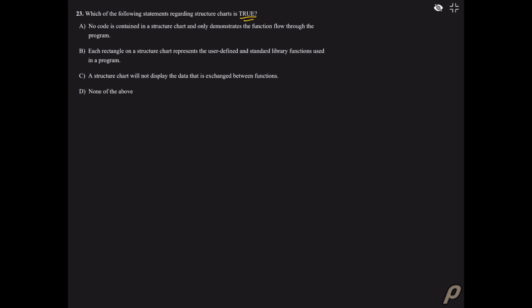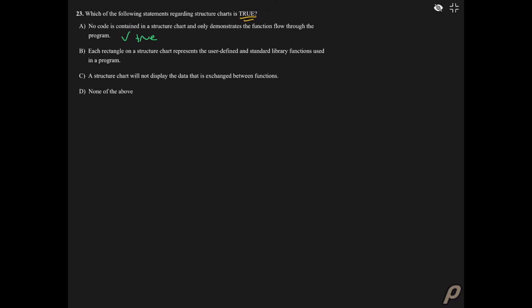The first one states that no code is contained in a structure chart and it only demonstrates the function flow through the program. This is the whole idea of structure charts: you're not supposed to have code in them, because structure charts are supposed to just represent the flow of a program. So already we know that this is true, as structure charts shouldn't have code in them. We'll just cover our bases here and look at the rest.